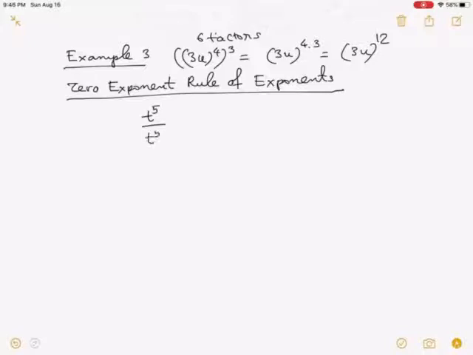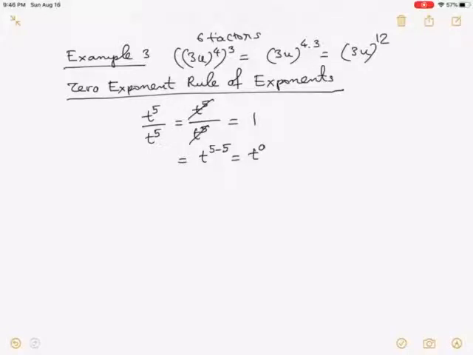So if we have t to the power 5 over t to the power 5, then t to the power 5 and t to the power 5, we can cancel each other, right? Because they are the same, we can cancel it. It is the same as 1. But from the other side, t to the power 5 over t to the power 5, by the quotient rule, is t to the power 5 minus 5, and this is t to the power 0.